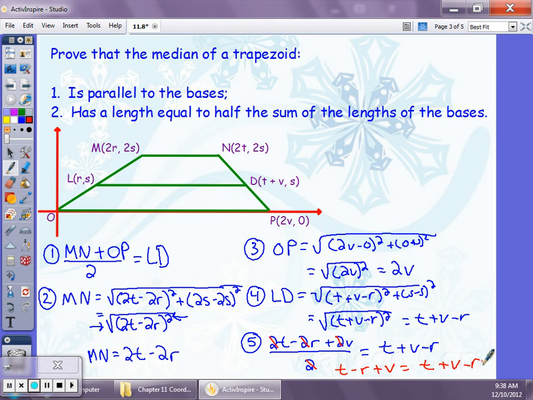So for our sixth step, we're going to actually want to write our concluding sentence.